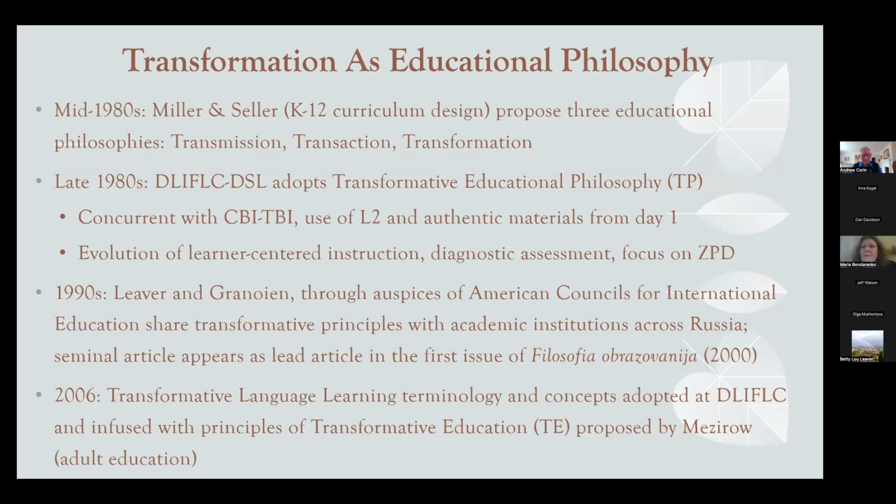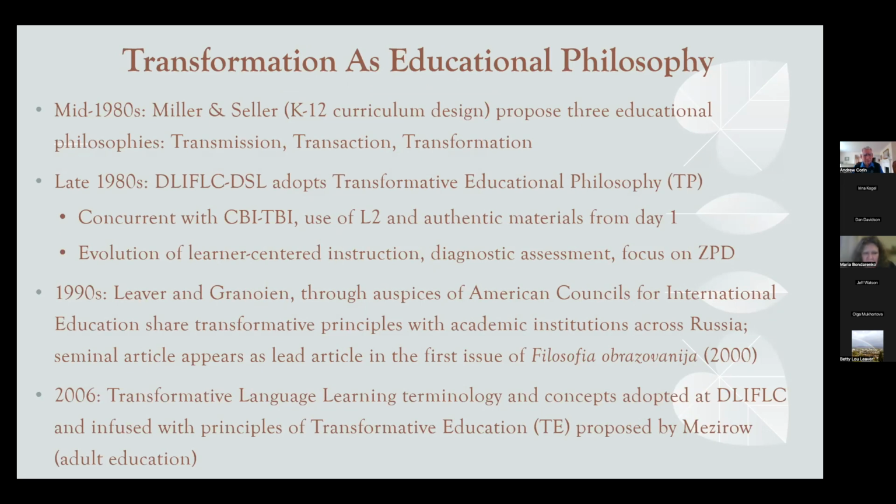So let's talk first about transformation, and I'm not going to go deeply into what's here. I just want to give the historical background. So, transformation as an education philosophy. I mentioned Miller and Seller, who are K-12 curricular designers, who proposed these three paradigm shifts, and they basically focused on transformation as the way to go.